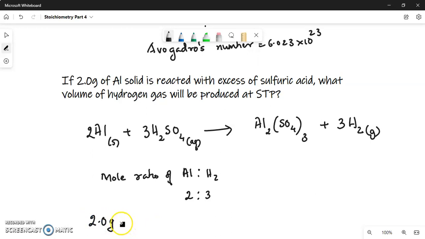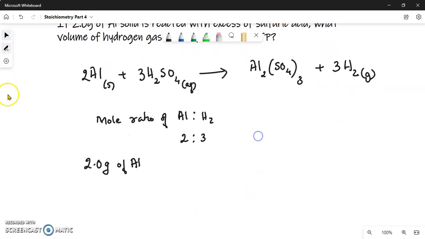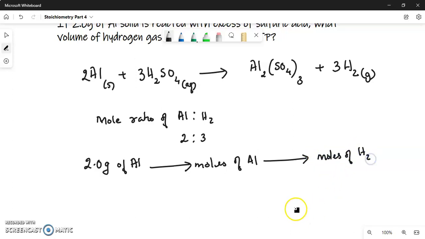We know that we are given 2 grams of aluminum. So first thing that we have to do is to convert the mass of aluminum to moles of aluminum. Then from there we can find the moles of hydrogen by the mole ratio, as we have done before in part 1 and 2 of stoichiometry.